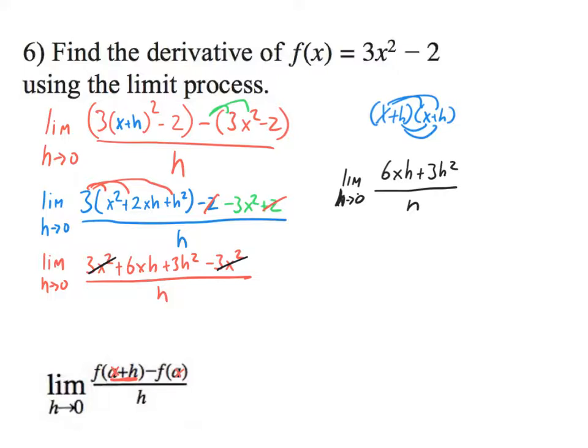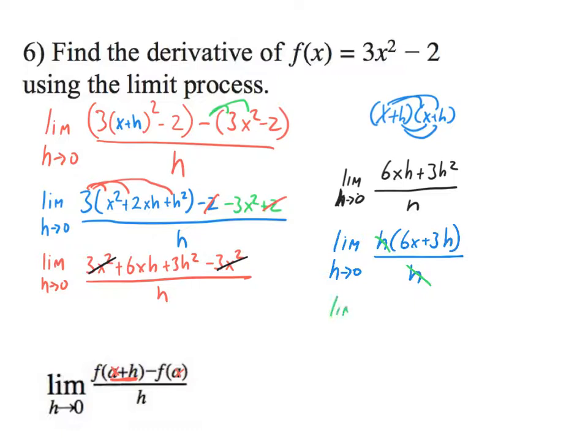Now, I still can't plug in 0, because if I plug in 0, I still have a denominator of 0. But can I factor the top and try to cancel out h? Watch what happens. This is the limit as h approaches 0 of, pulling h out, that leaves me 3x plus 3h over h. And won't these h's disappear?